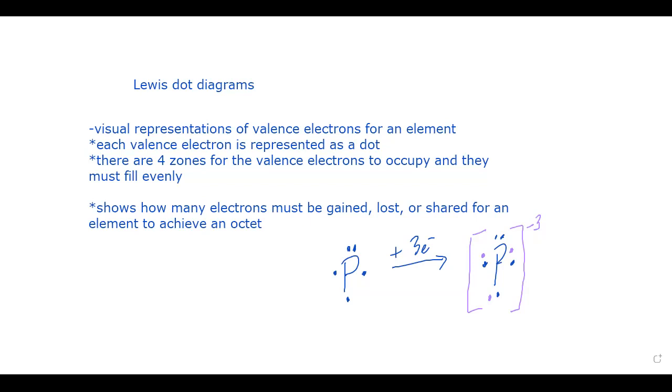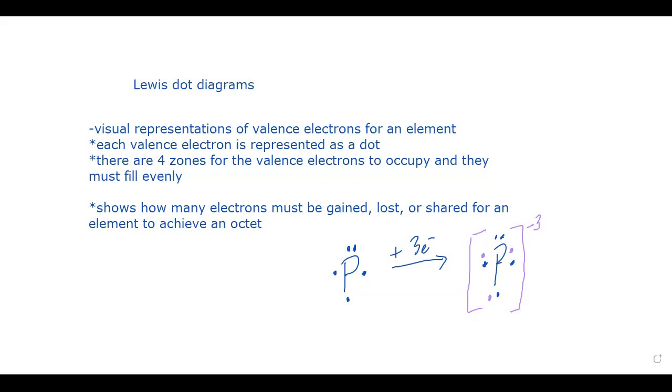So if we're doing ionic stuff, we can see, hey, here's how many holes I have. Those holes are going to need to be filled by positive ions giving me electrons. Now, what we'll get to on Thursday, just a little bit of a sneak peek. The fact that phosphorus has 3 unpaired dots tells me that phosphorus is going to make 3 covalent bonds.